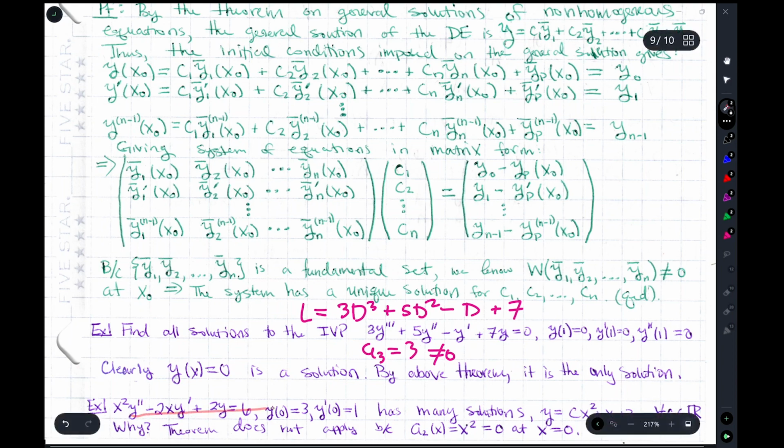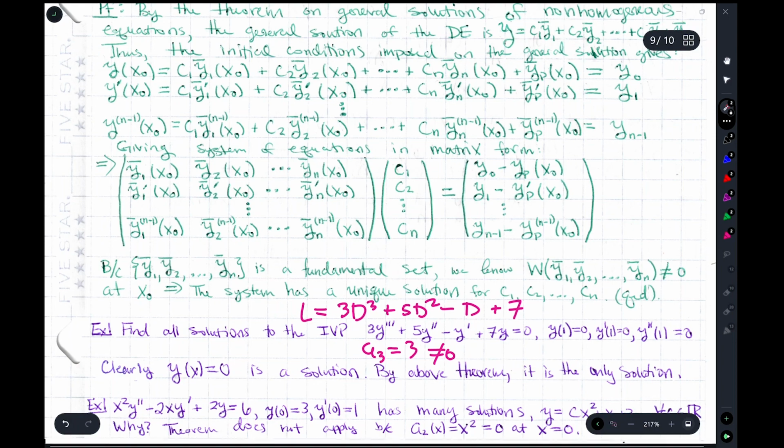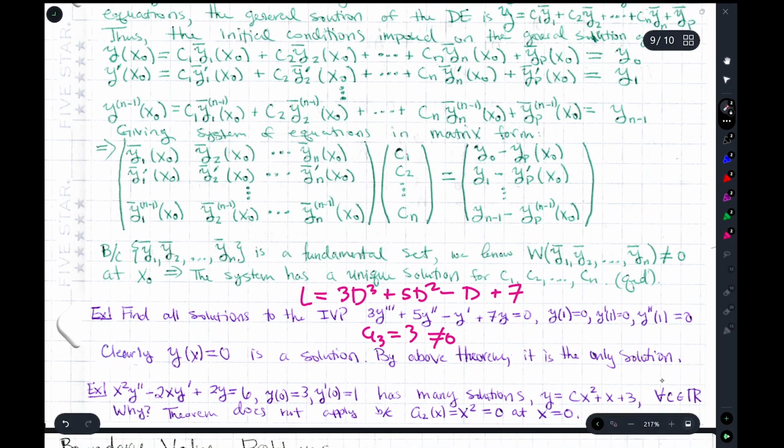What about this one here? x squared, y of 0 equals 3. Well, it turns out there are many solutions to this IVP, initial value problem. For any c, this function will satisfy not only the differential equation, but also the initial conditions.